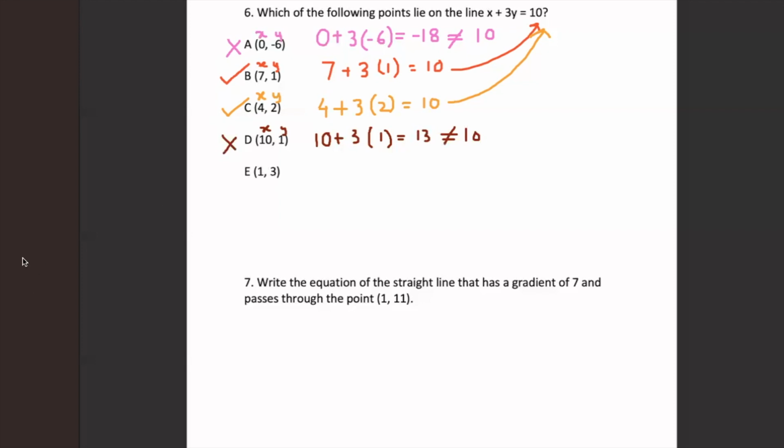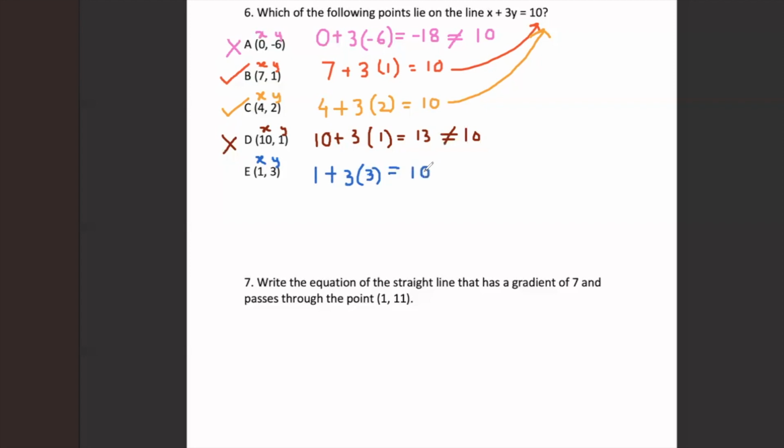Finally, let's check for point E. Point E has 1, 3. So x is 1, y is 3. So we are going to do x plus 3y again. So 1 plus 3 times the value of y, which is a 3. So 1 plus 3 times 3 is a 10.